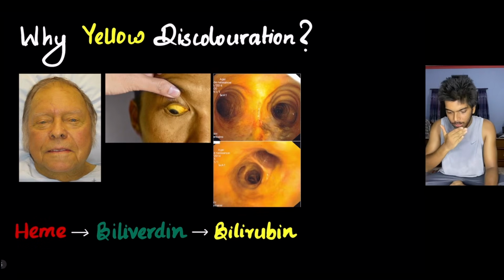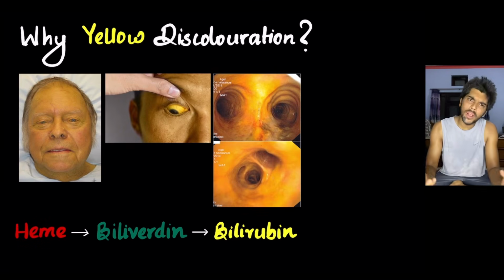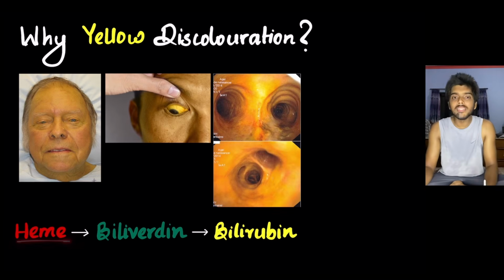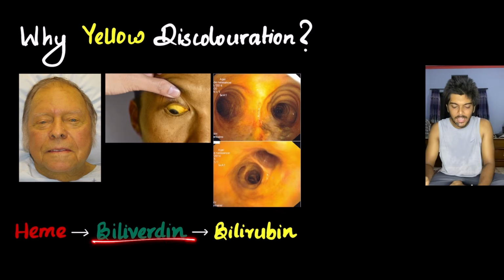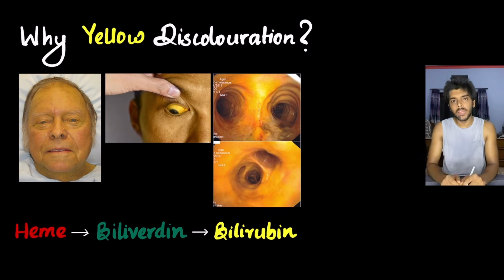Okay. Now, first question, why yellow discoloration? If you know your heme metabolism, you must know that heme is red in color. When heme gets broken down into biliverdin, it is green in color. Then biliverdin gets reduced to bilirubin, and bilirubin is yellow in color.